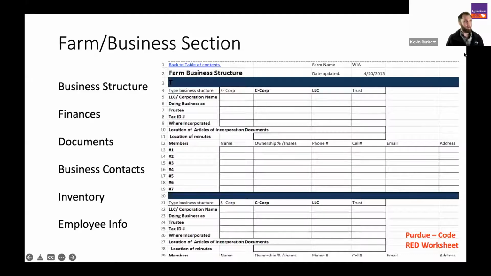And then it moves into more of the farm and business information. What is the structure of the business? Some information related to the finances. What are important documents? Could be formation documents, it could be business meetings. But what is the location of those things?